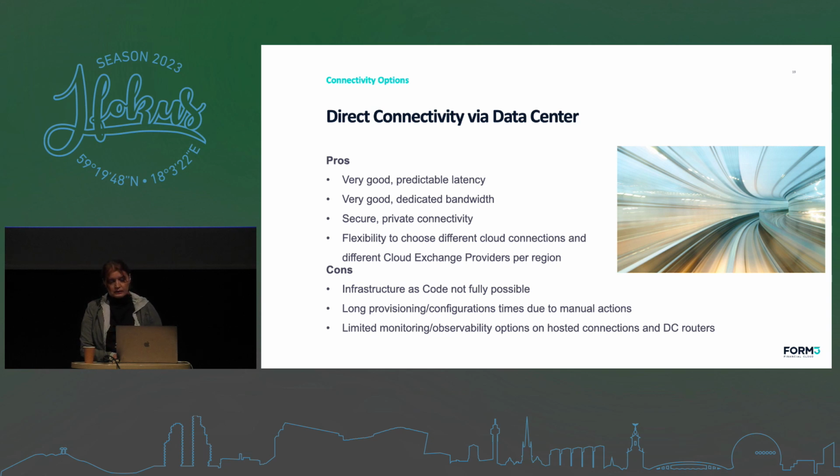On the other hand, our personal experience, as we are in the fintech industry, was that due to some contractual obligation, we need to audit all our vendors as well. So with those cloud exchange providers, they were less interested in those audits than a custom vendor who provides more tailored services.